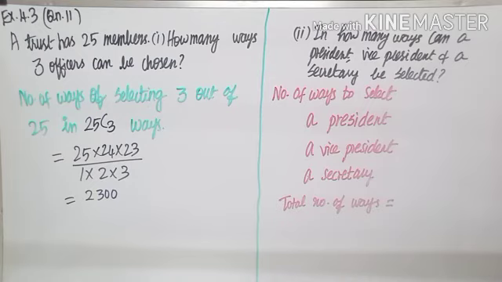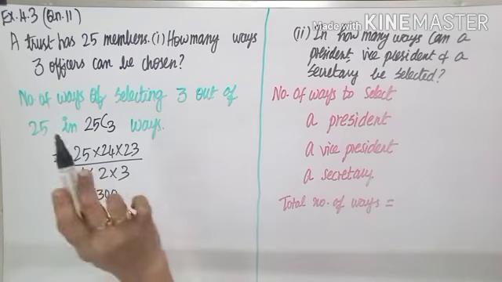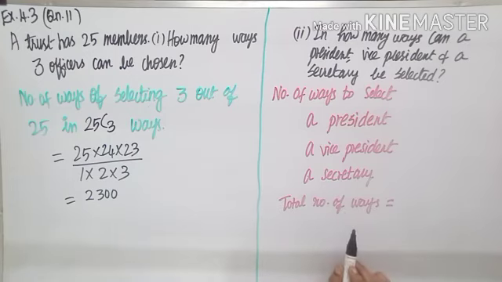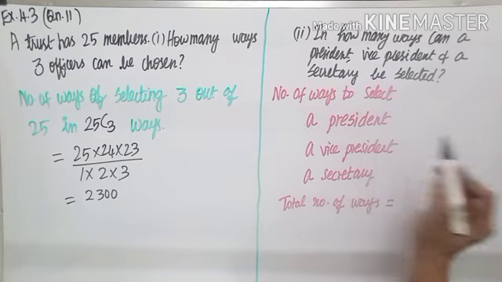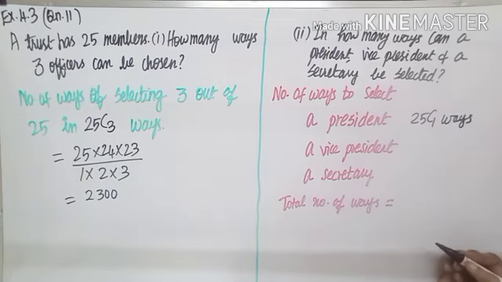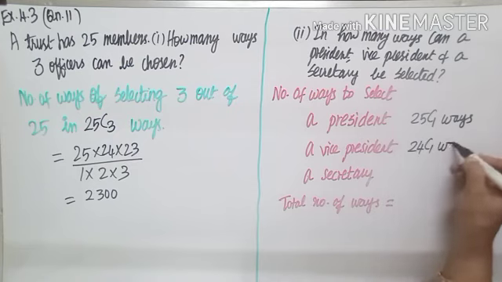Second subsection. In how many ways can a president, a vice president and a secretary be selected? Here order is important. From 25 we choose 3, with positions. From 25, 1 person can be selected as president in 25C1 ways. 1 person is gone. From the remaining 24, 1 vice president is chosen in 24C1 ways.